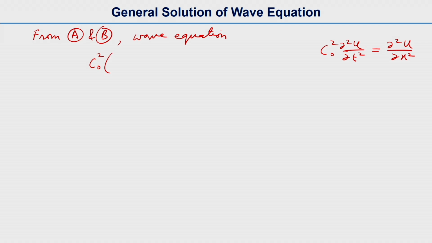So now we will write the wave equation from a and b using the relations we got in a and b.